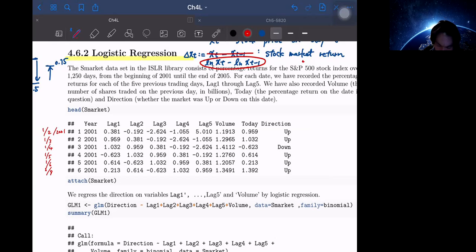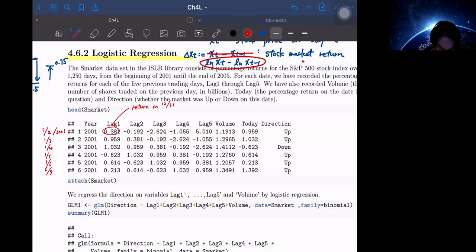Then Lag 1. This is the stock market return for 1 day before, so this is the return on probably December 31st. We assume that January 7th is Saturday in this setting.